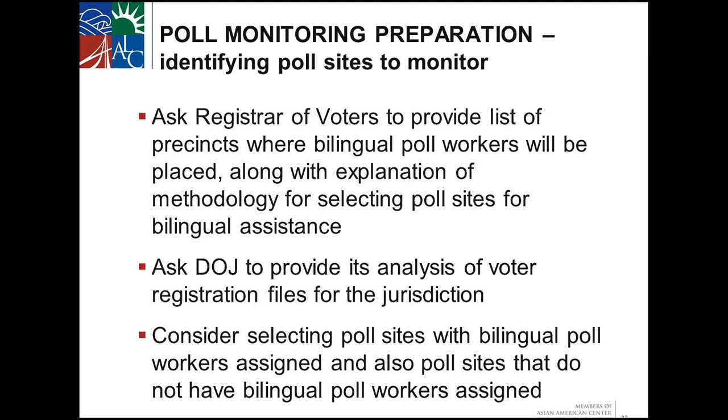If these are areas with a high immigrant or LEP voter density, or you're aware of one that isn't being targeted, but you believe the ROV should be targeting that for Section 203 language assistance, or just there's a high number of Asian Americans there. If possible, I think it would be great to send poll monitors there just to see what their experience is like with poll workers there, how they're providing assistance where possible to those voters.